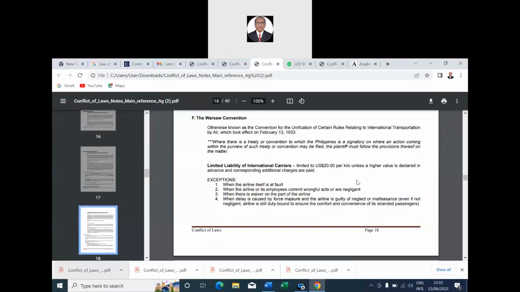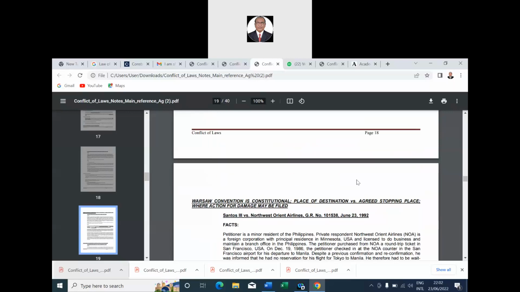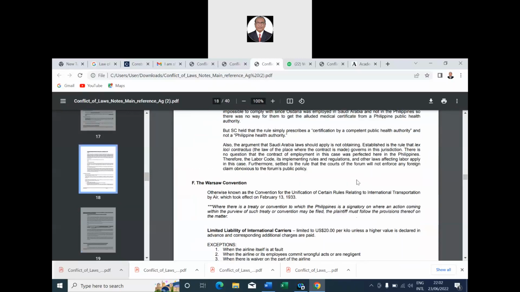And the airline is guilty of neglect or malfeasance. Even if not negligent, the airline is still duty bound to ensure the comfort and convenience of the stranded passengers. So these are the points. Then only will you get 20 USD per kg for the loss of the luggage. So that was the Warsaw Convention, very clearly mentioned.